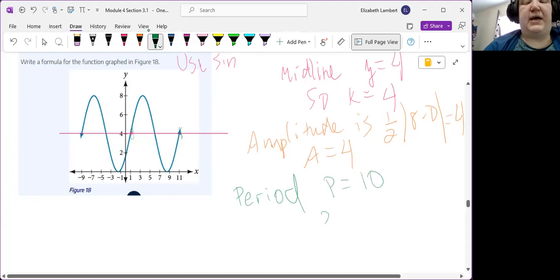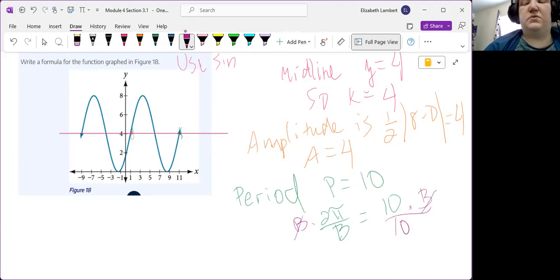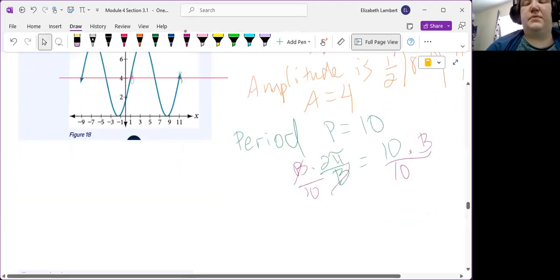So 2 pi over b equals 10, times b, divided by 10. Oops. So our b value here is pi over 5.